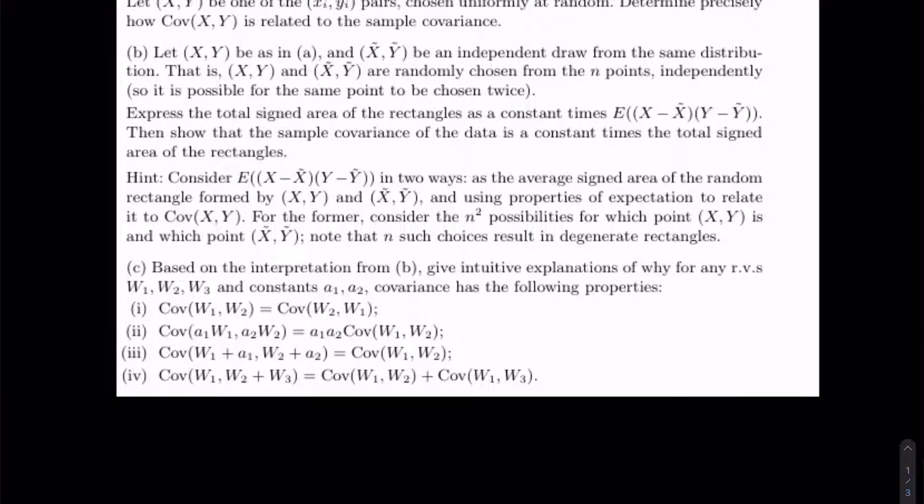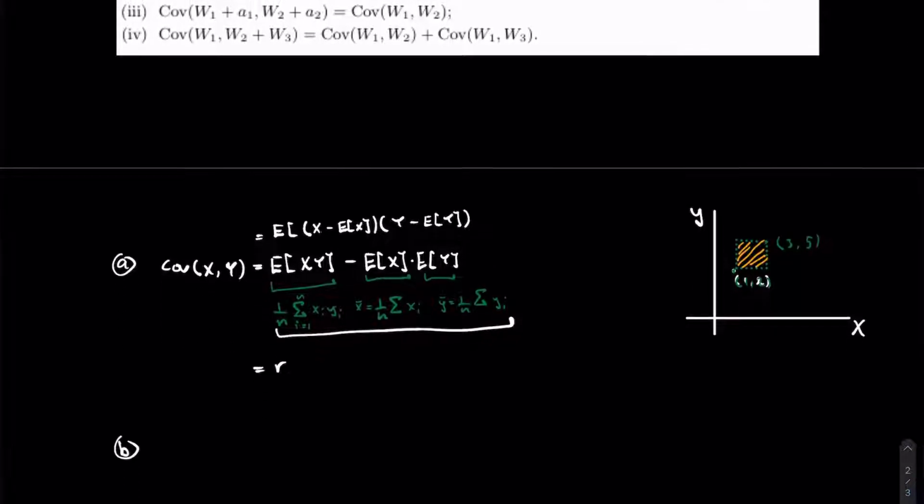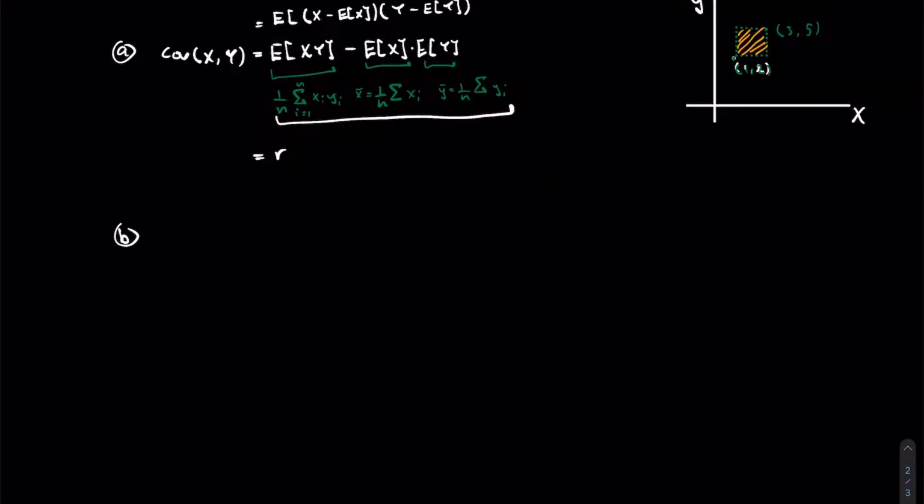And we considered the n squared possibilities for each point x, y. We're going to note that n such choices result in degenerate rectangles. So again, there's a large set of dense information here. So let's try to break it down and see how we can understand this problem.